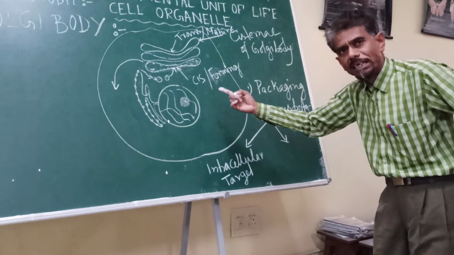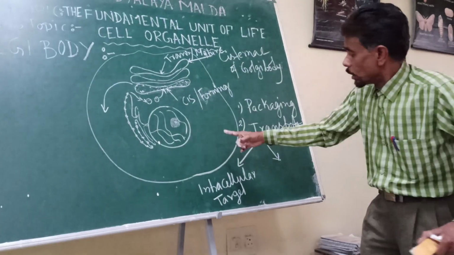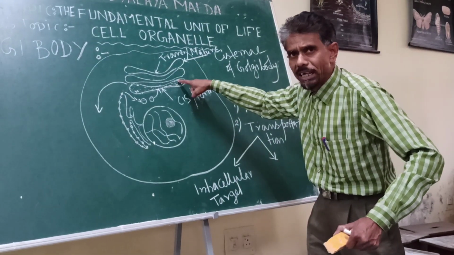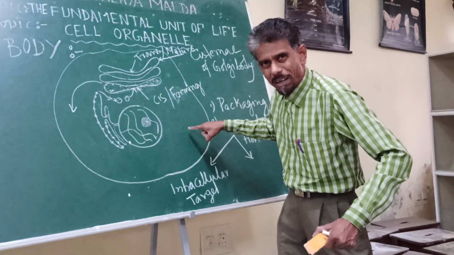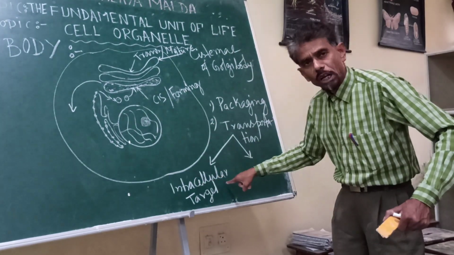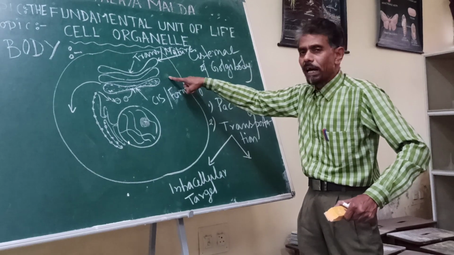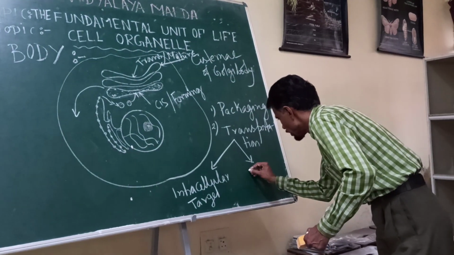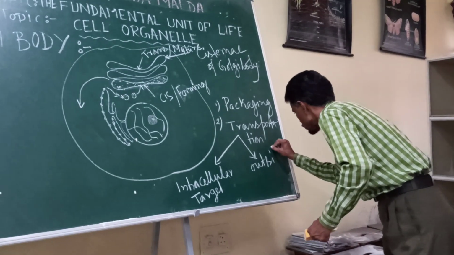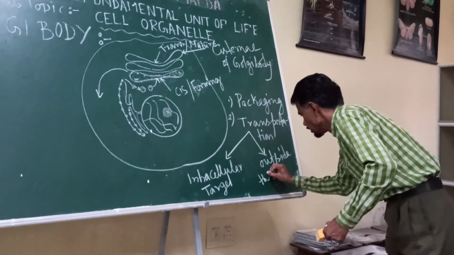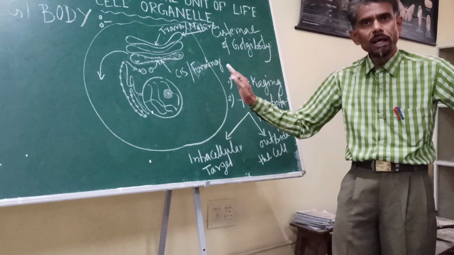So either after packaging this will be transported to a target present within the cell, called intracellular target, or it will be carried outside the cell. Is that very clear?